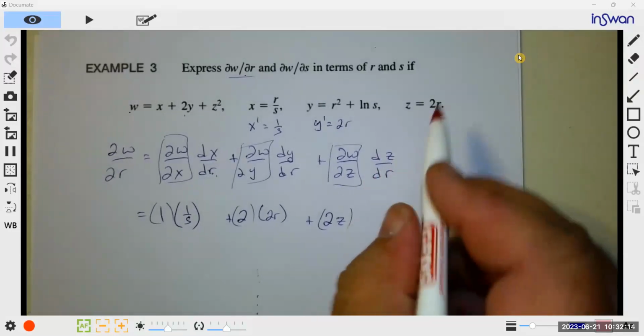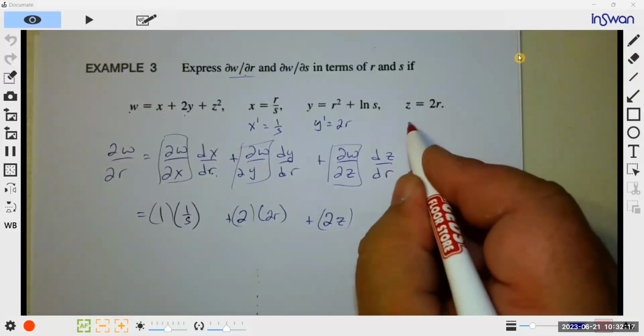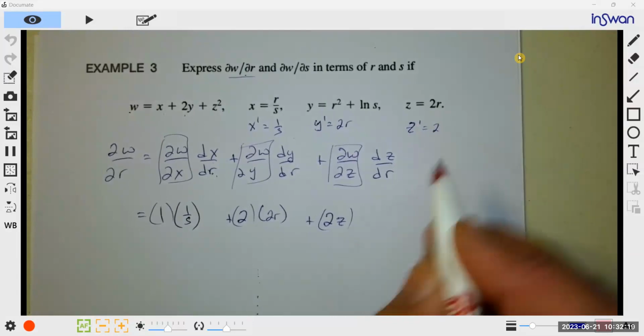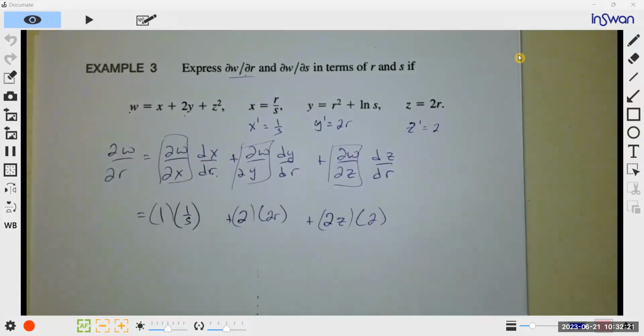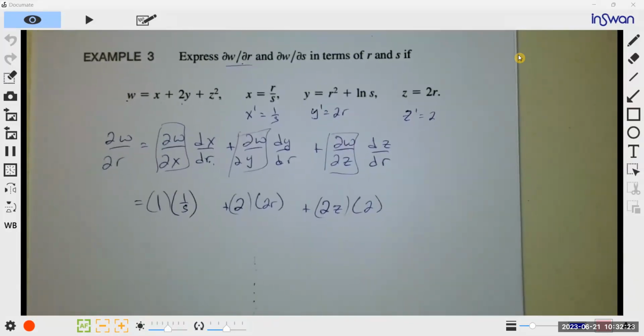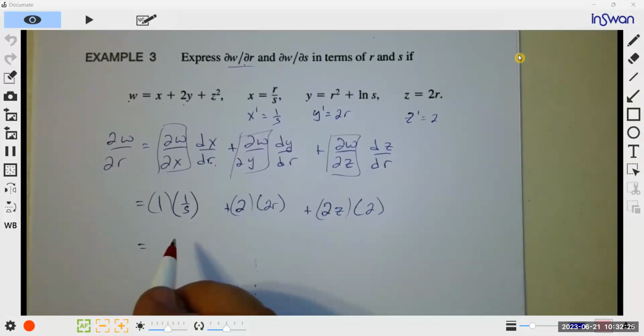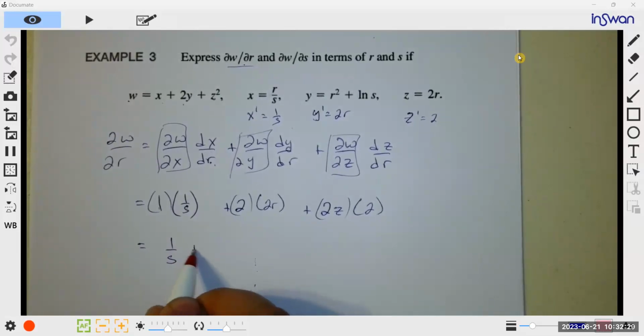And then Z with respect to R, which is 2. So we have 1 over S. 2 times 2 is 4R.